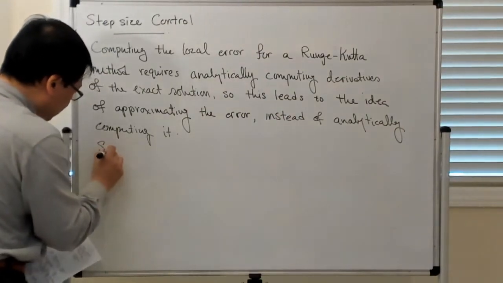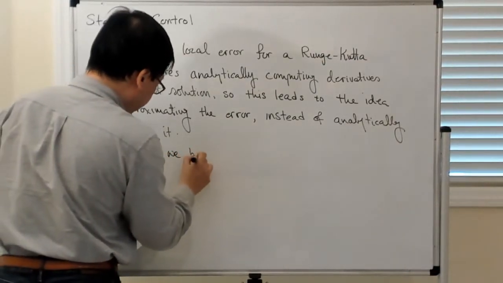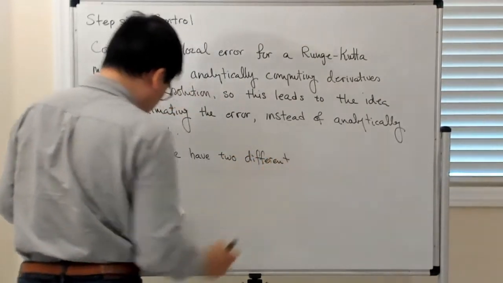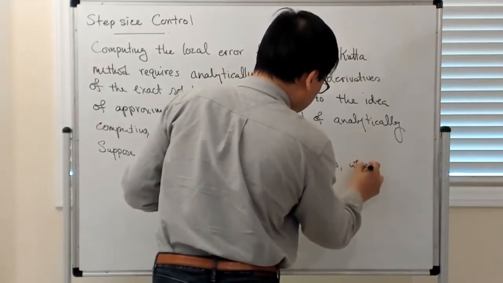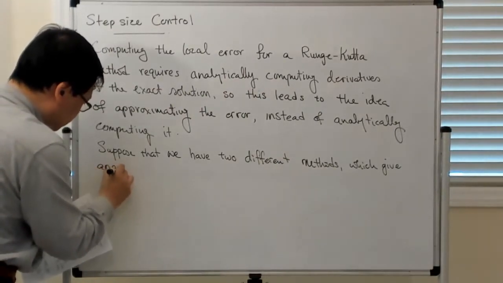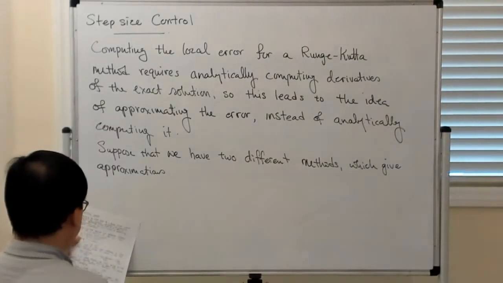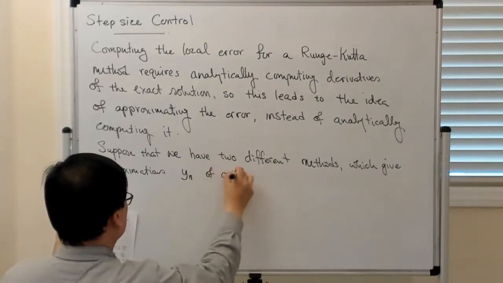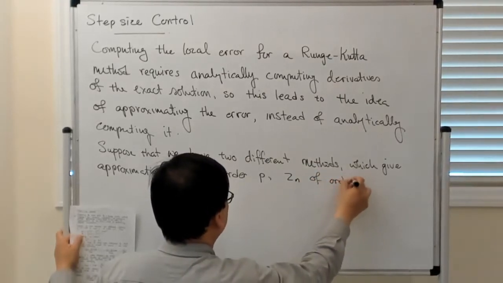Let's suppose that we have two different methods which give approximations, let's say Yn of order P, and Zn of order one higher, say P plus 1.